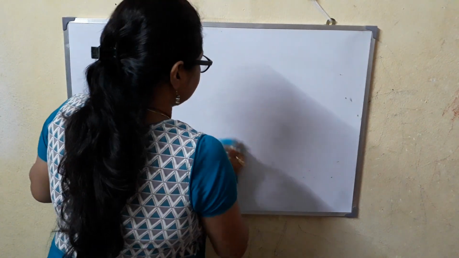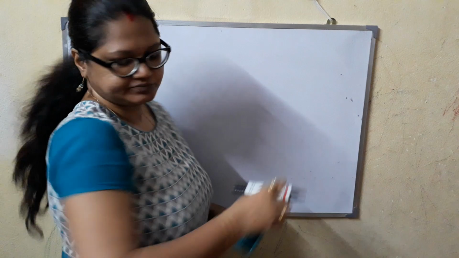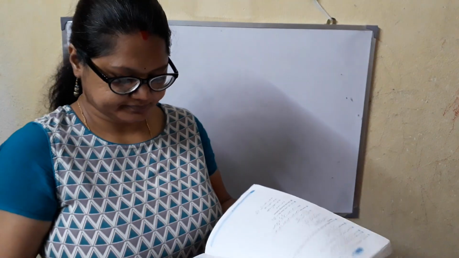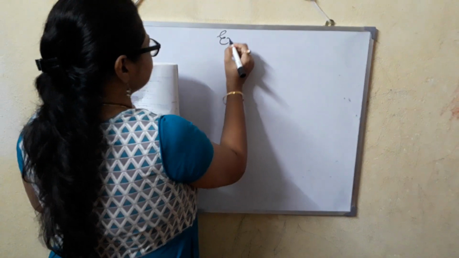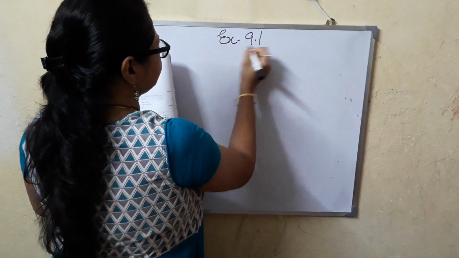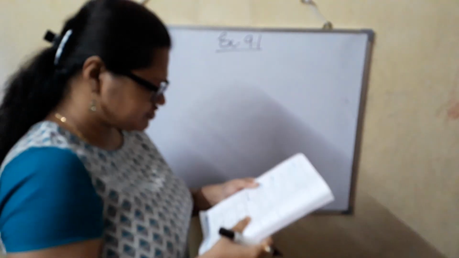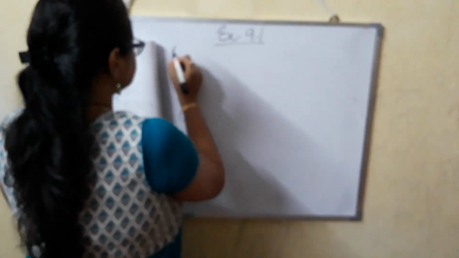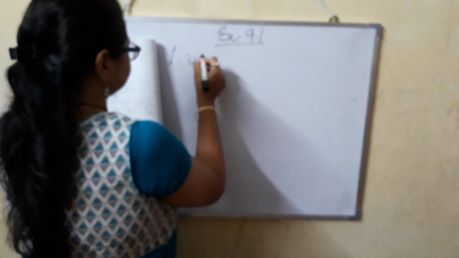Now let's begin with the exercise. EX.9.1. I'm going to show you just a few varieties of sum, and the remaining sums you are going to get it through the PDF. Question number 3.